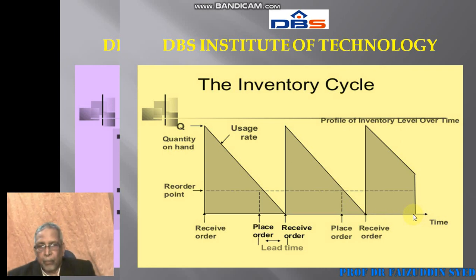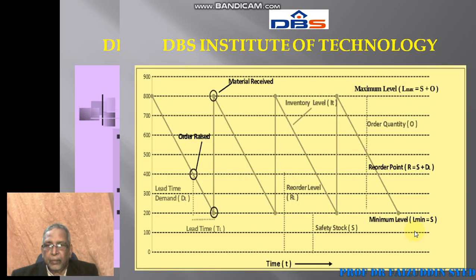Like this, if you construct an inventory cycle, you will successfully be able to produce without any stock out. Now we will see how this EOQ model works in detail.